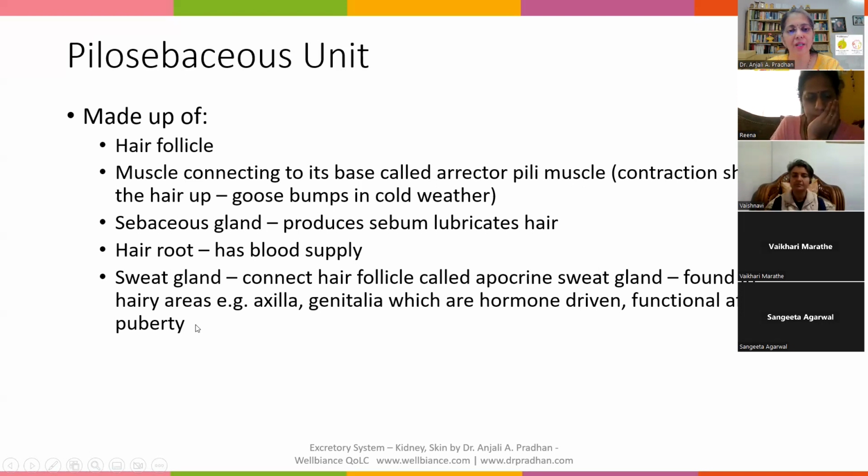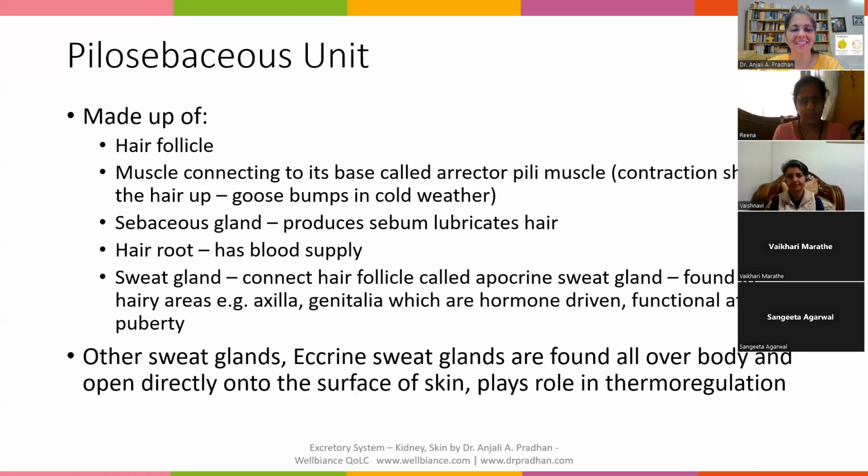Till puberty you don't sweat, मतलब इतना sweat नहीं आता है axilla में, but after puberty, as secondary sexual organs develop, you start sweating a lot in axilla. Because these sweat glands are called apocrine sweat glands. They start functioning after puberty and they produce sweat. समझ में आया क्यों ऐसा होता है?